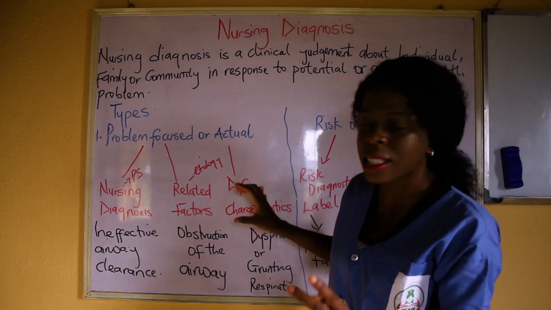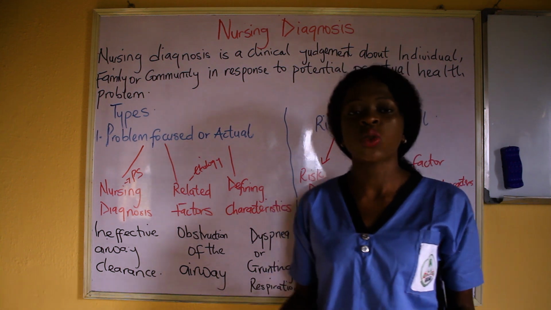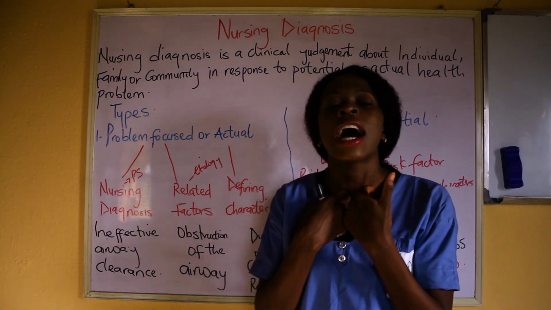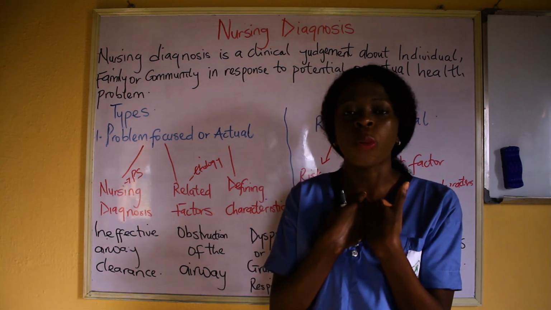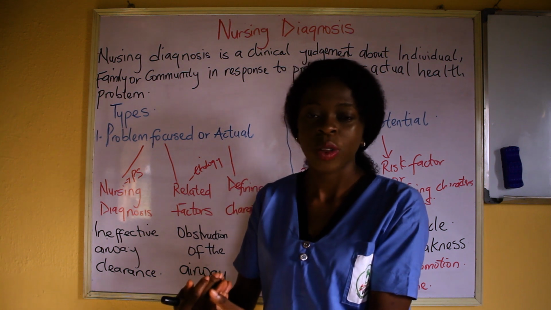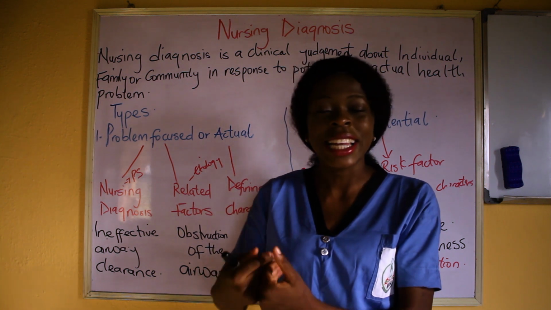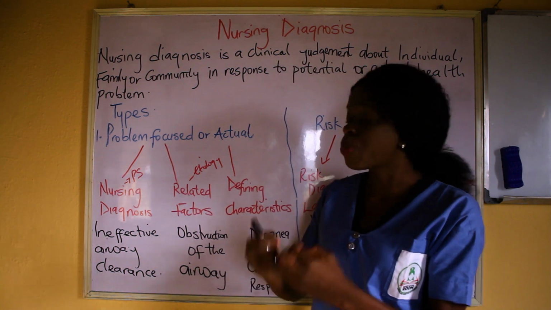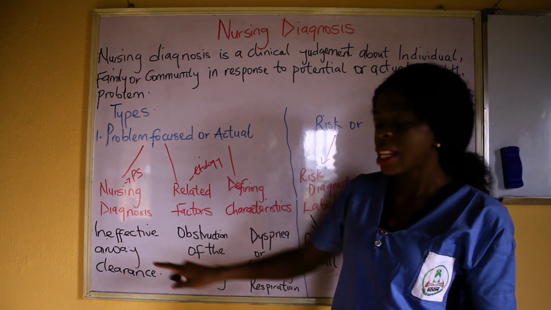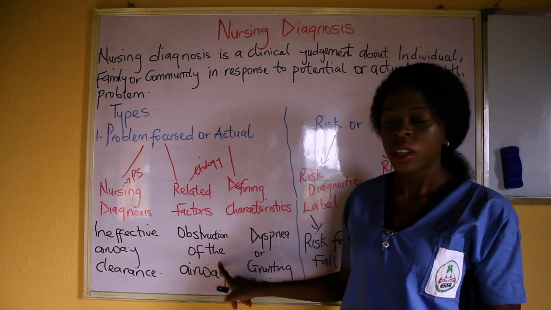For example, a patient walks into the hospital and there's an obstruction in the airway. As a result of that, this patient can't breathe properly. So we are going to be talking about ineffective airway clearance. We are using the NANDA standard. The problem is ineffective airway clearance. What is causing it? There's an obstruction of the airway.